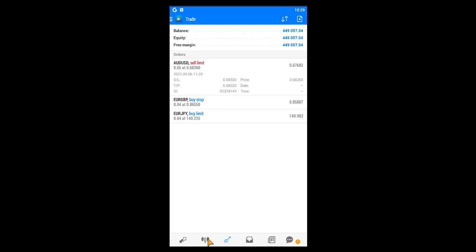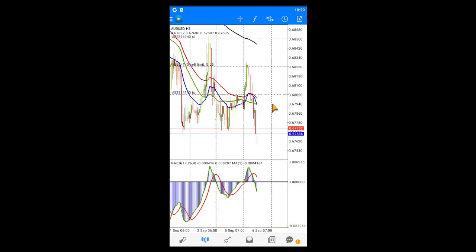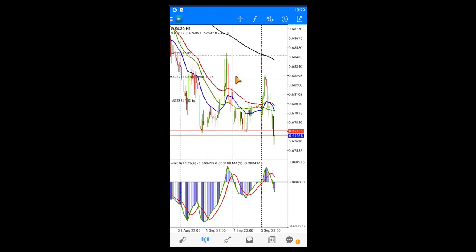Let's look at how the chart looks. Very simple. So look at what we have just done. The first time you notice it, when it retraces up to this level, let's say there was a sell limit here, it picks your sell trade and goes down to give a profit. The second time it retraces up to around this level, it picks your sell trade and goes down and gives a profit.